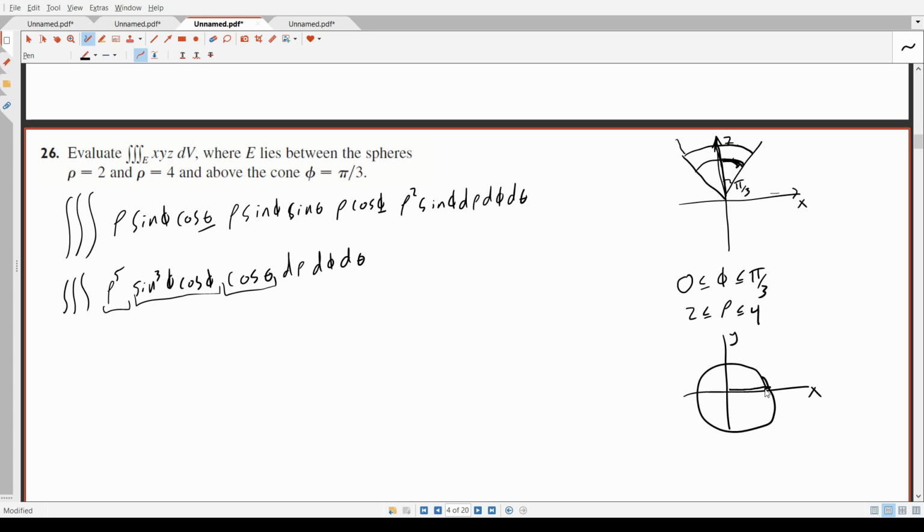On this diagram, that's going to be this portion right here. So here I need to rotate this all the way around. So we need theta to go from 0, it starts at the x-axis, and we rotate it all the way around to 2 pi.